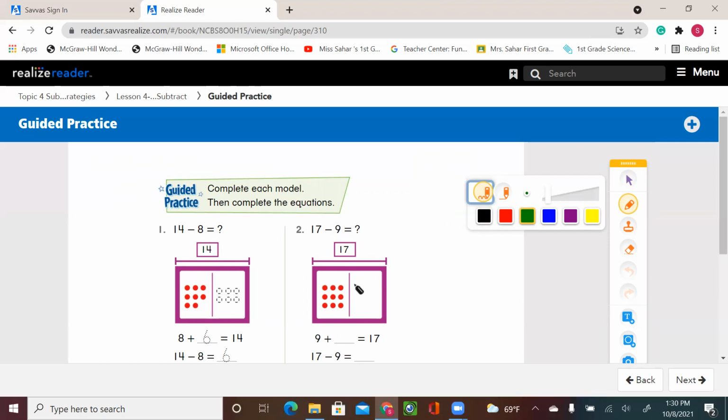After 9, 10, 11, 12, 13, 14, 15, 16, 17. So how many did I put? How many counters? 1, 2, 3, 4, 5, 6, 7, 8. So 9 plus 8 equals 17.